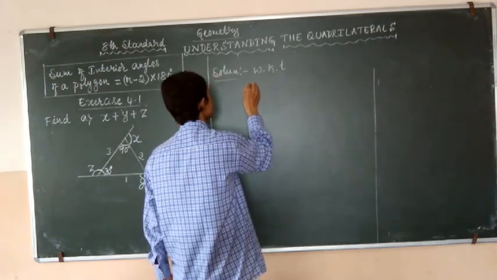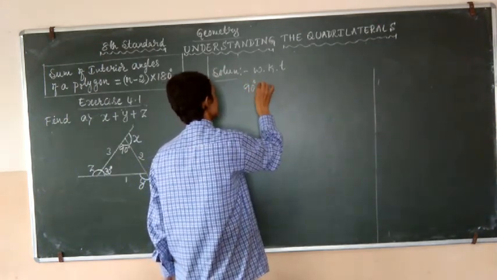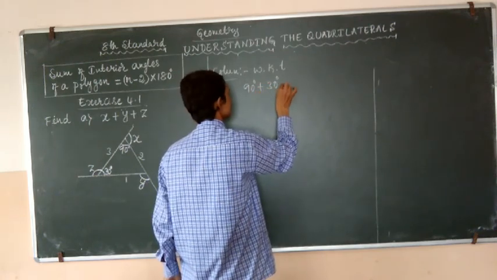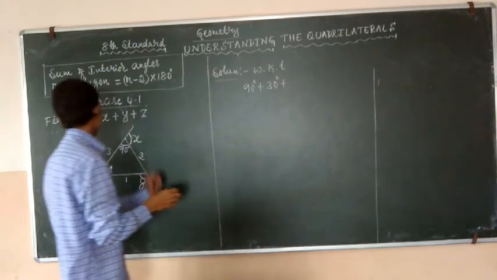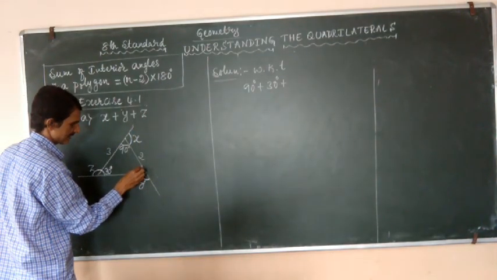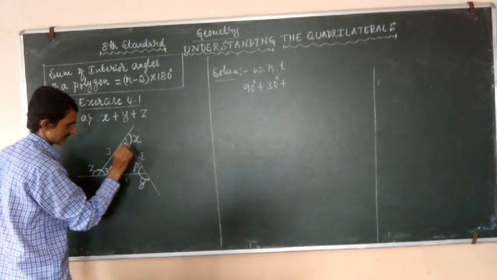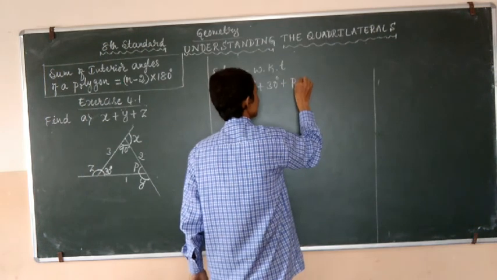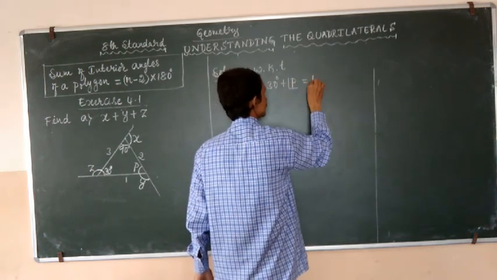So 90 plus 30 degree plus, call this interior angle as P. Angle P equals 180 degree.